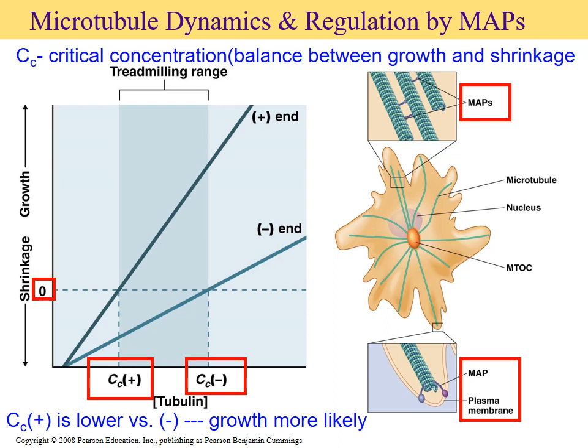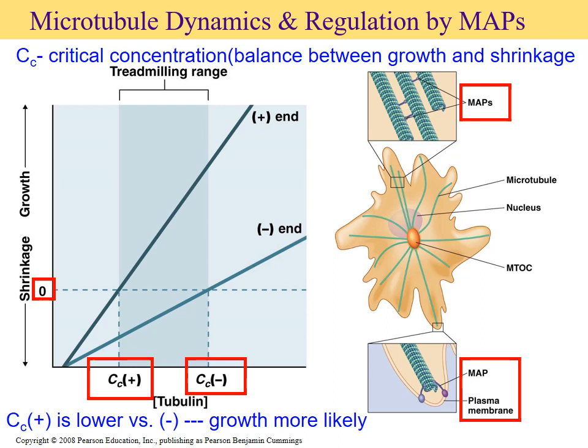Now, there are different factors that will come into play that will stimulate the overall growth and breakdown of the microtubules, but probably the most important factor will be the availability of tubulin. Tubulin will basically be a direct correlation to if you'll have growth or shrinkage.